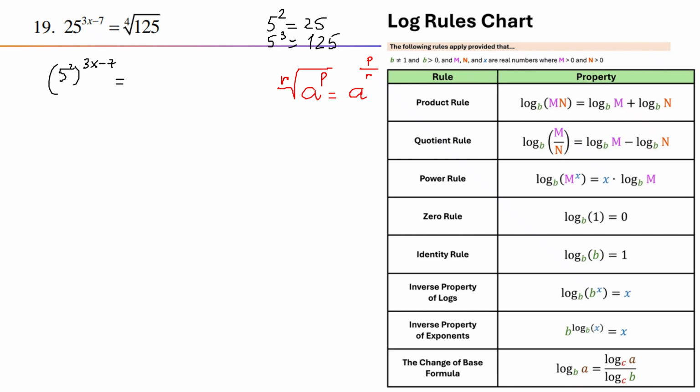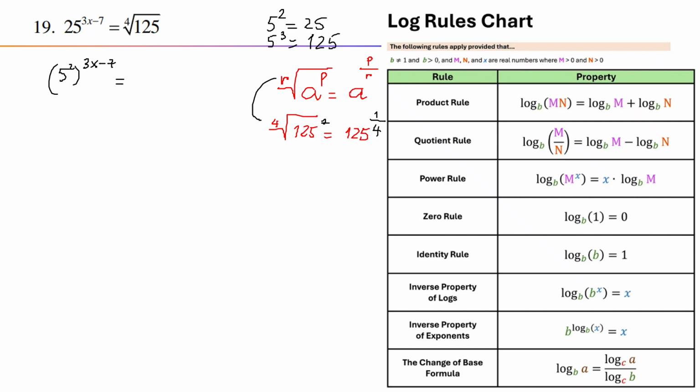So you can write down the 4th root of 125. You can write down 125 to the power of 1. Any number can be written with the power of 1. So 1 over 4.